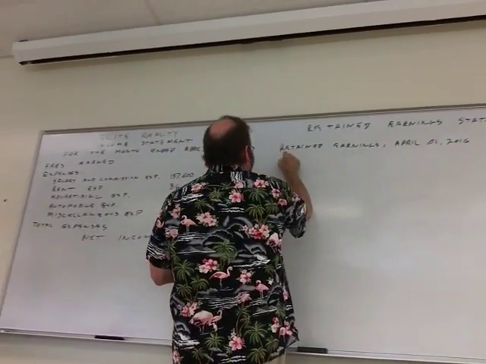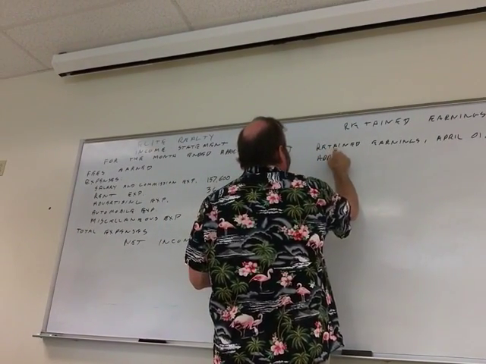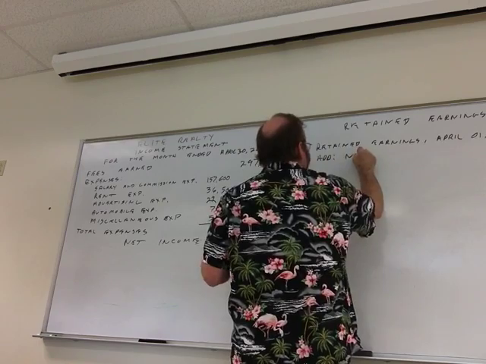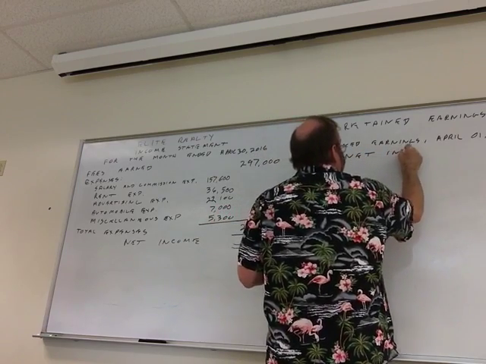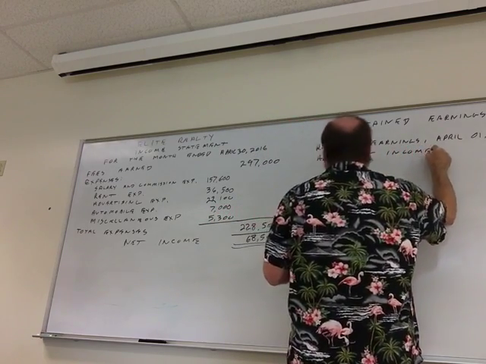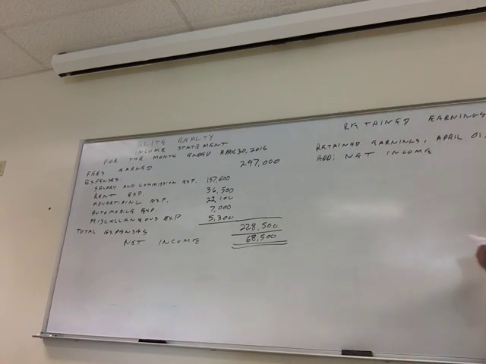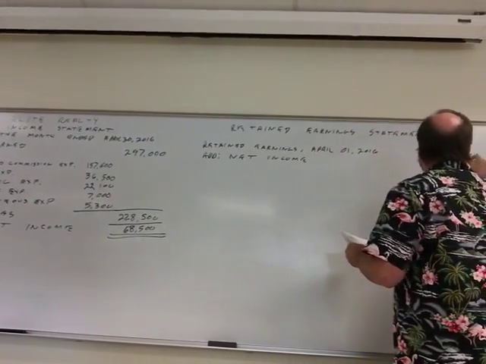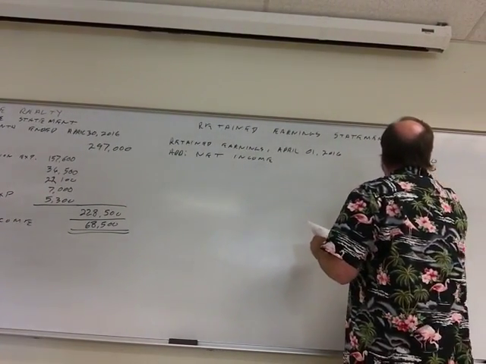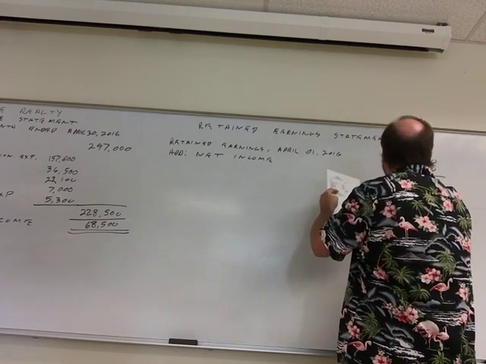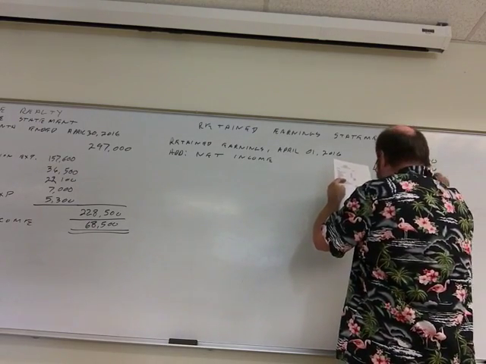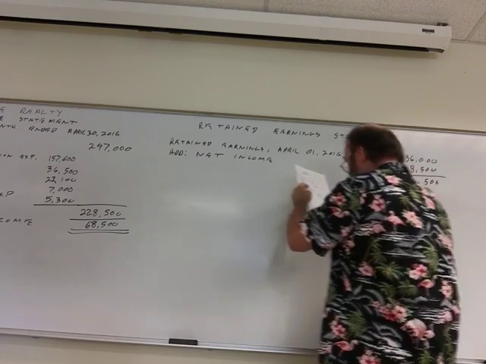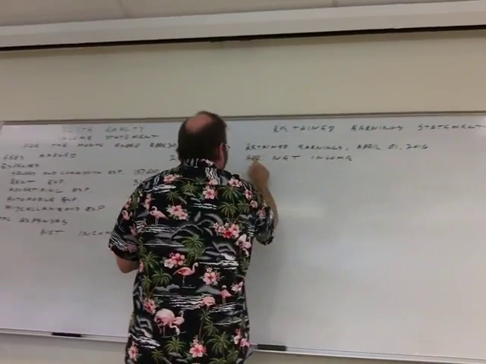To that, we're going to add net income that we just finished calculating at $68,500. Add those two together, we get $104,500 as a subtotal.